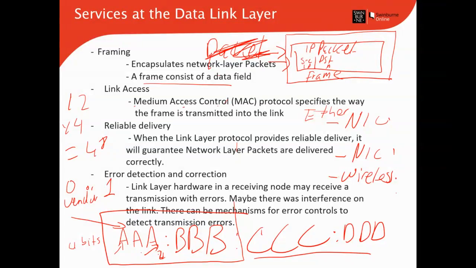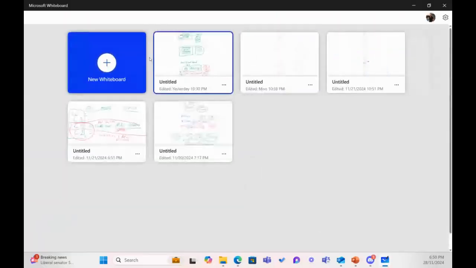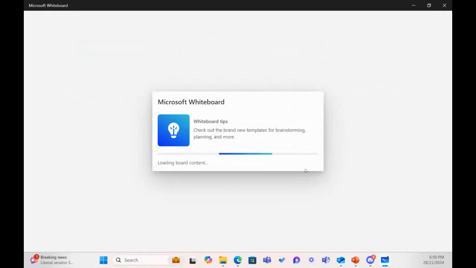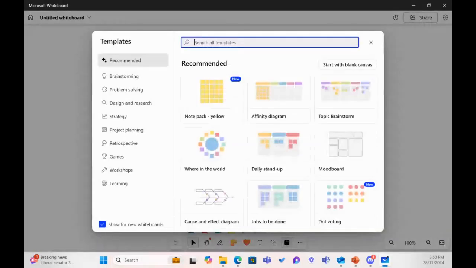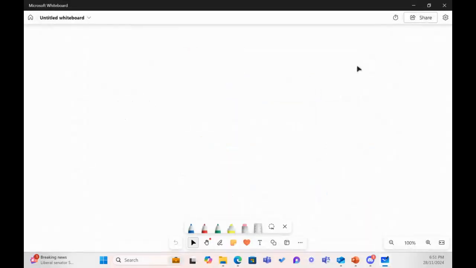Let me just get my other whiteboard. This is kind of important. So it doesn't really matter, to be honest, what MAC address you have, as long as on that network, it's unique. Okay?